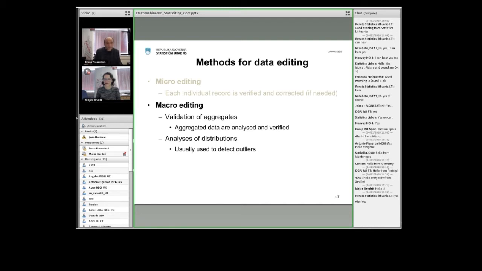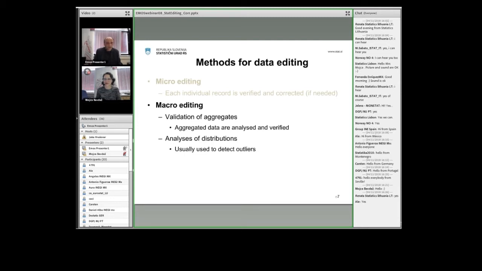This is in fact the procedure that each statistician does before he publishes the results. He looks at, let's say, results from the previous publication or results from a similar survey and tries to find some strange figures in his aggregates. We call it validation of aggregates.